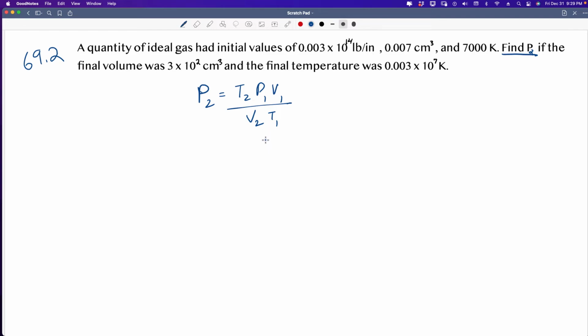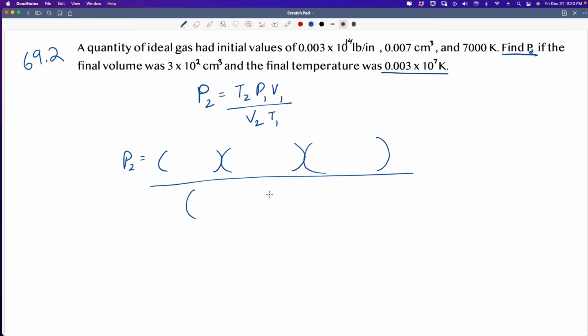All righty, so now we can drop in our values. So P2 is equal to T2. Final temperature was this, okay? So final temperature times original pressure times original volume, all over final volume times original temperature.